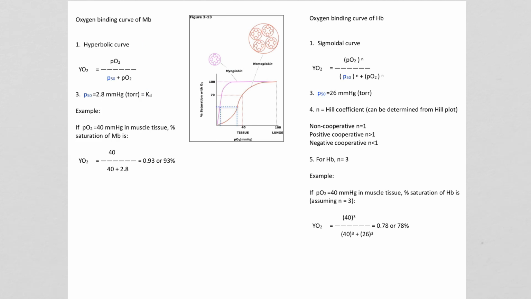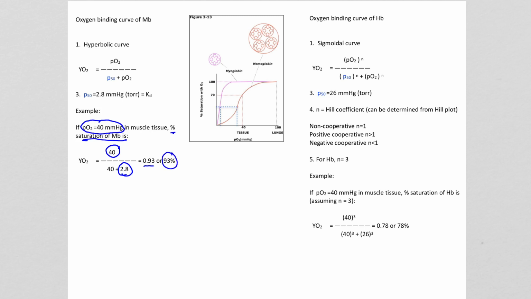For example, if we want to know the percent saturation of myoglobin in muscles, in muscle cells the PO2 is roughly about, let's say, 40 millimeters mercury. So we can substitute 40 and the P50 in this equation, and we get a fraction of about 0.93, or 93%.